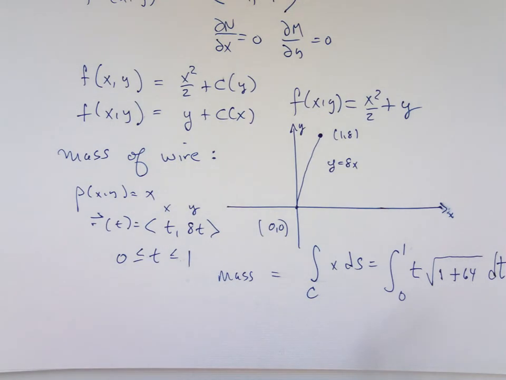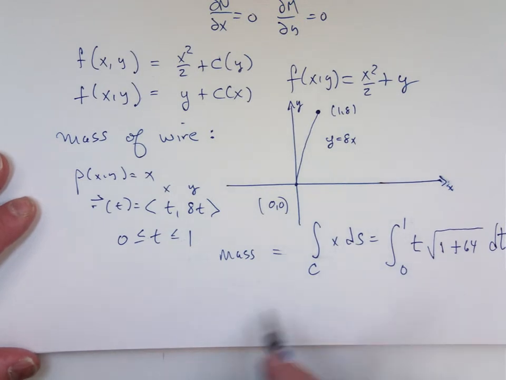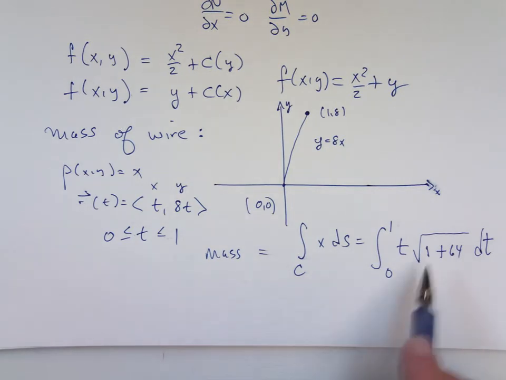The work is going to be r prime dotted. That's correct. So this is it. You don't even need to finish it. The mass uses the magnitude, so it's slightly different.